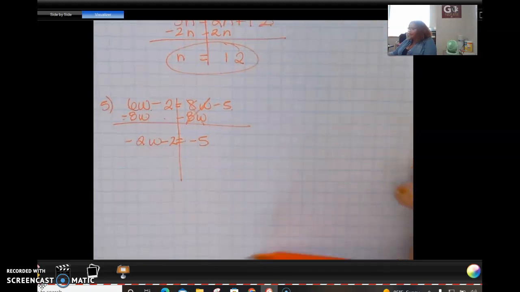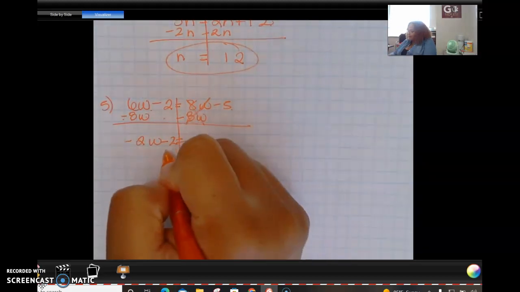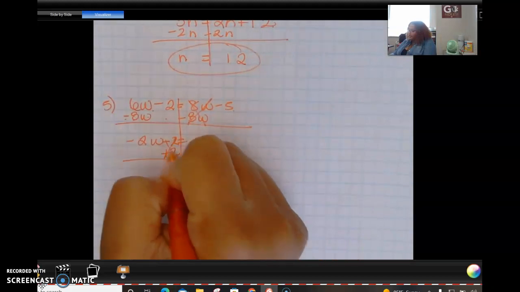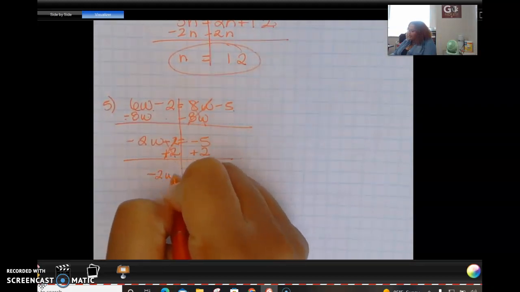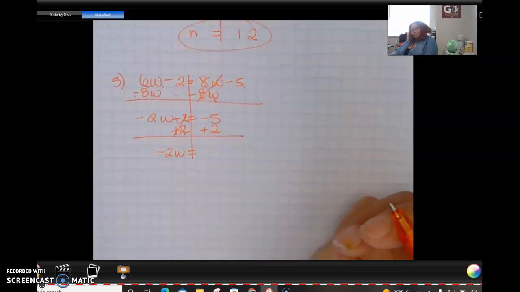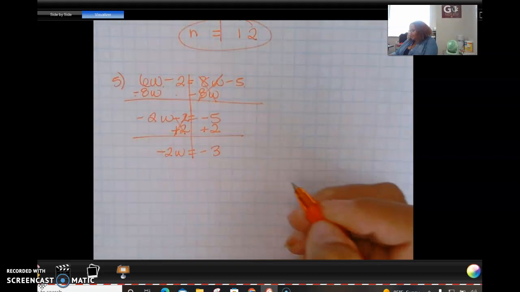I moved the variable on the right. Now I need to move a constant on the left. Who's the constant? What do I do to get rid of it? Plus 2, plus 2. These cancel out. Negative 2W equals what? Negative 3. Good. Don't forget your sign.